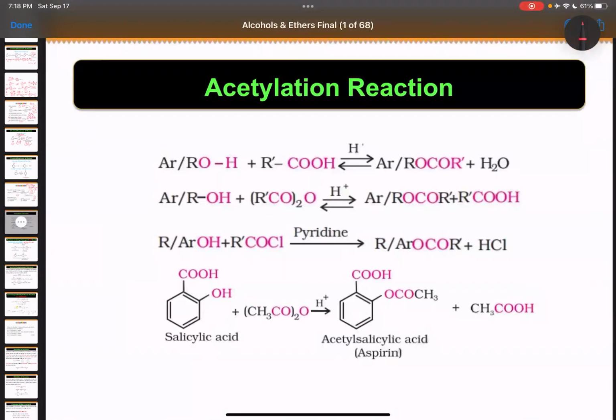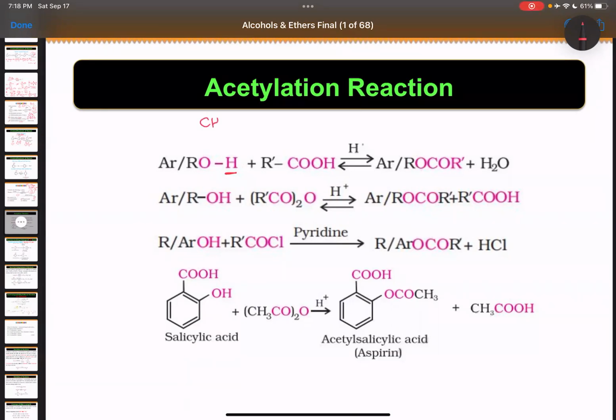And which is this reaction? Acetylation. What do you mean by acetylation? You remove H and you put an acetyl group.